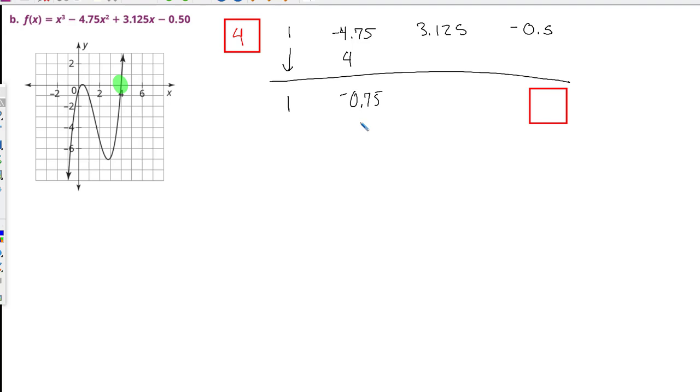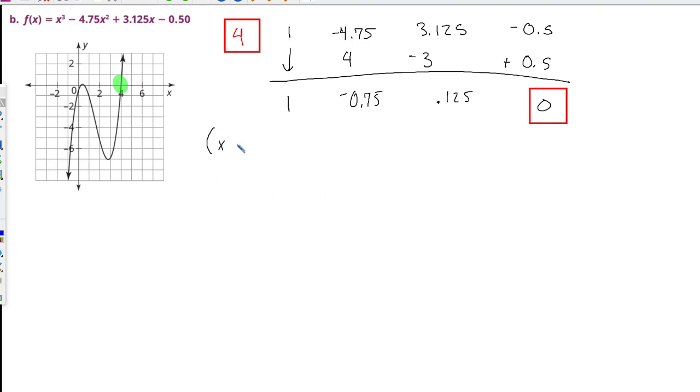And then 2 more, and then doubling that, it's going to get us there. So it's going to give us 4. It's going to be negative 3. So when we subtract, we get 0.125. And then we multiply, and we get positive a half. So it's a 0.